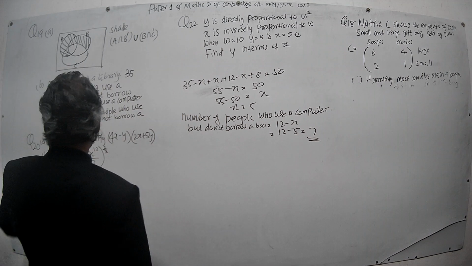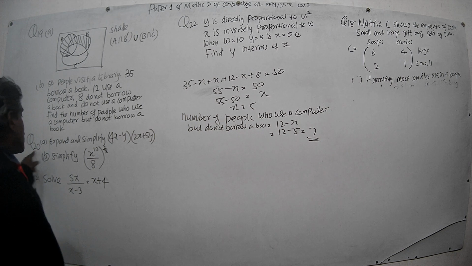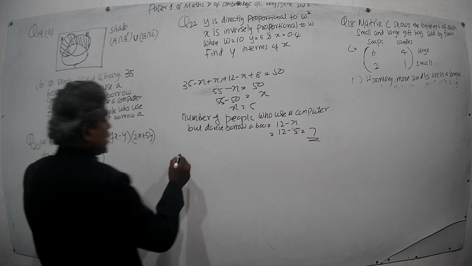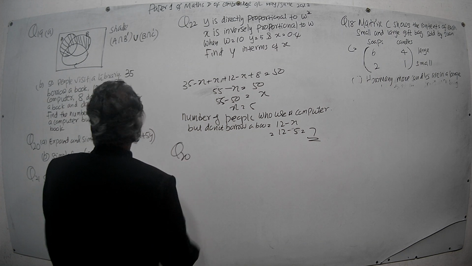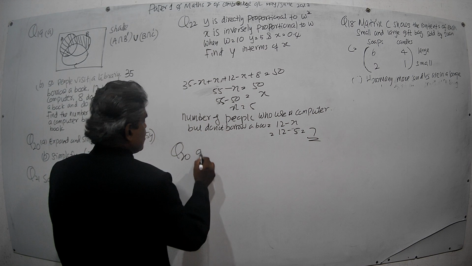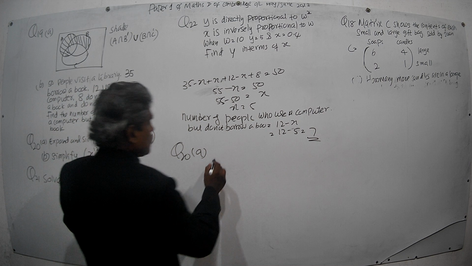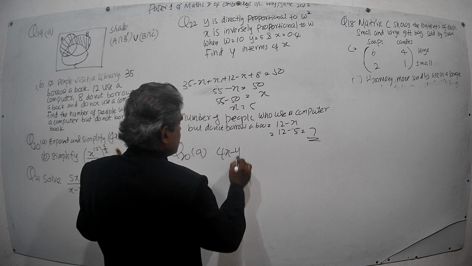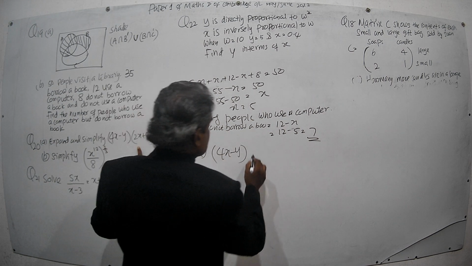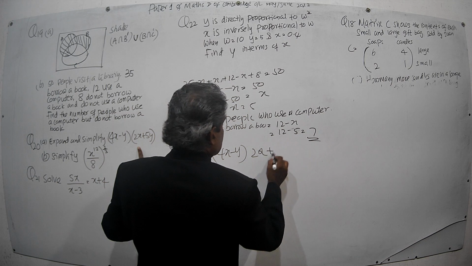Right. 20th one. Look at expand and simplify. Q20 here. Expand and simplify part 1. Then they asked to expand and simplify the 4x minus y into this 2x plus 5y.